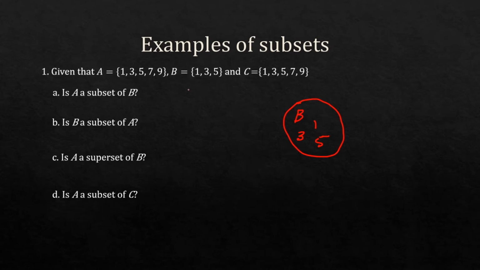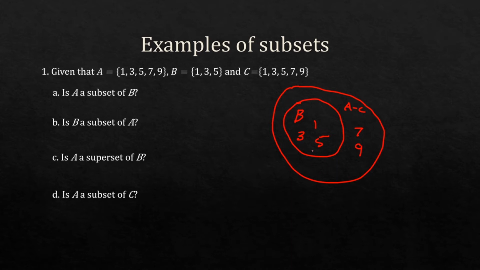And sets A and C are 1, 3, 5, 7, 9. So let's just write A, C here. And the remaining elements would be 7 and 9.